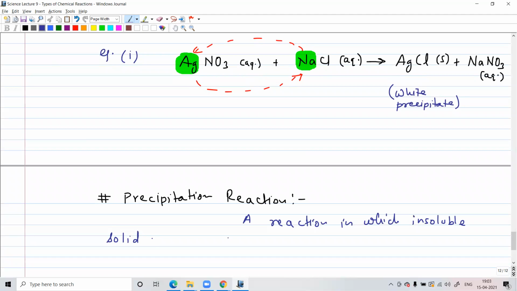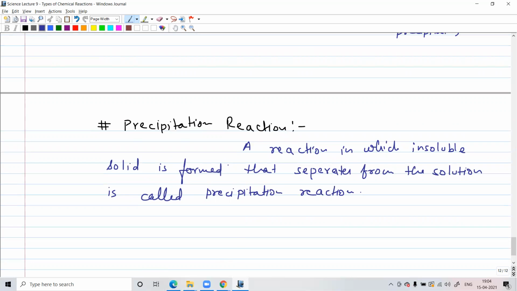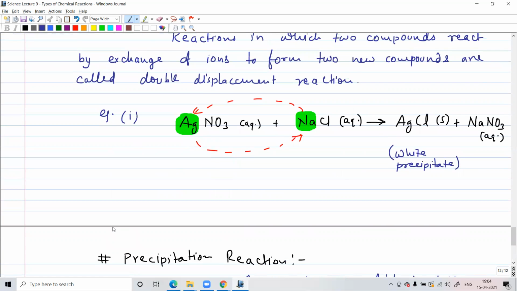So a reaction in which insoluble solid is formed. And like I've been telling you, most of the double displacement reactions will also be precipitation reaction because precipitate is formed here.